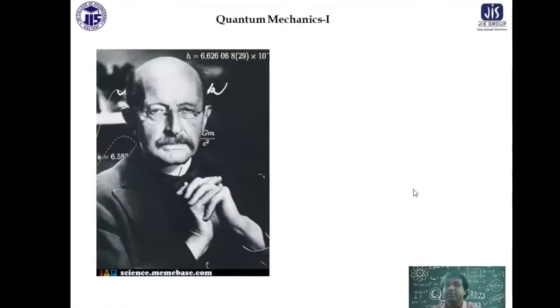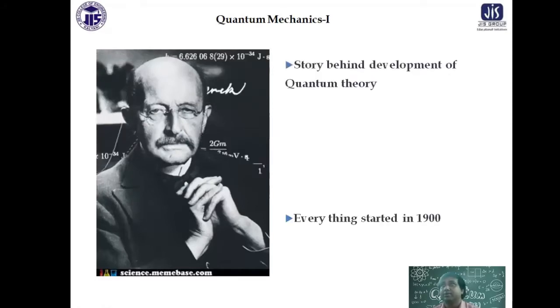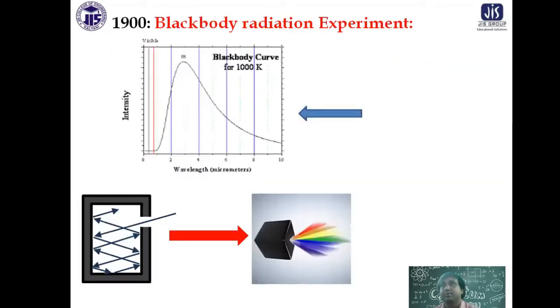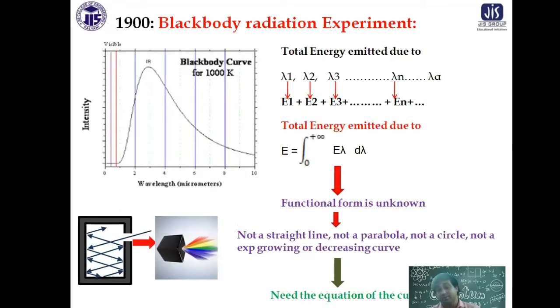So first we salute Planck, because he is the father of quantum ideas. Now, if you just see, this is the experiment of black body radiation that was done, and all the radiations are coming out. It plotted, and ultimately we wanted to calculate the total energy in the black body radiation experiment.